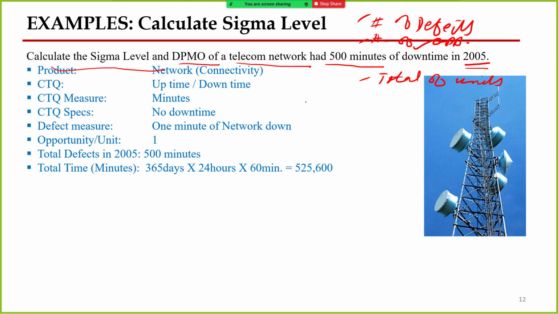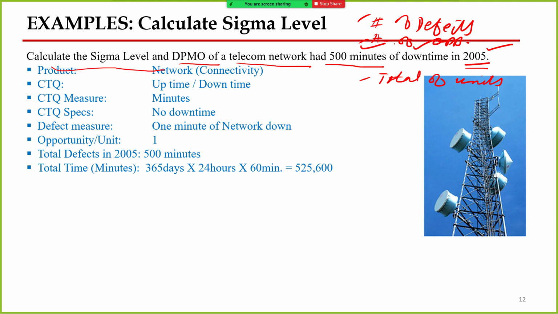Exactly. So right now, from this telecom sector, we are saying we have collected the data for the year 2005, and we have seen that in this entire year, this company has the downtime for 500 minutes. So first of all, they are considering the measurement unit as a minute. They will say if our network is down for even 59 seconds, we will not say this is a downtime.